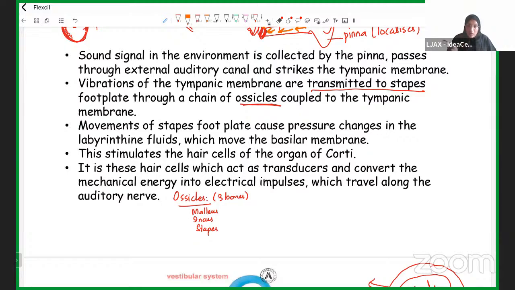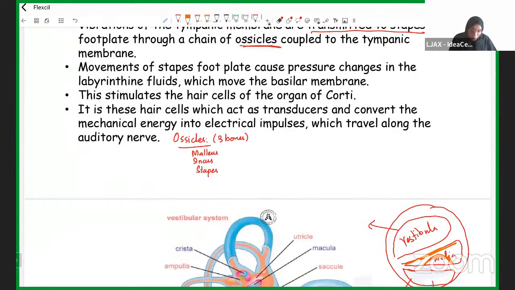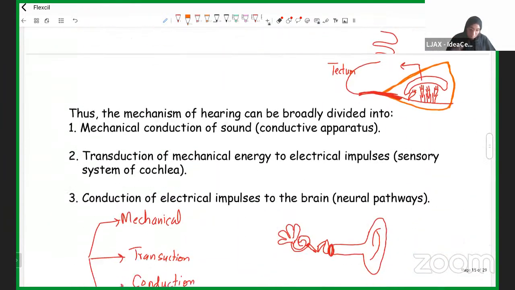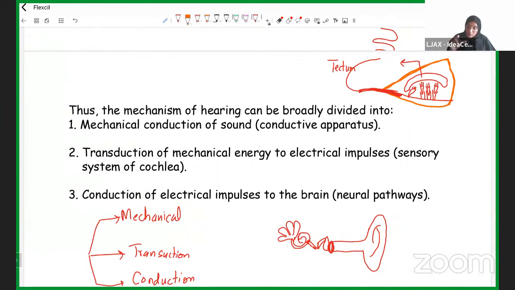We have two types of cells, outer and inner. Now, these hair cells are fixed above the nerves. So it is these hair cells which act as transducers and convert the mechanical energy into an electrical impulse. And this will travel to the auditory nerve. From the auditory nerve, they will enter into the spiral ganglion in the cochlear nerve, right?